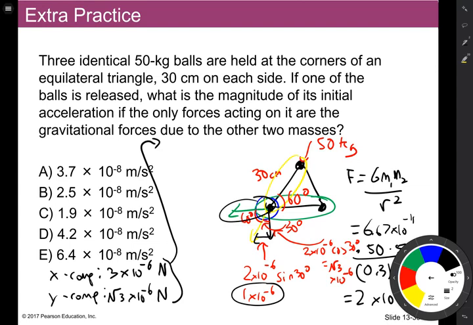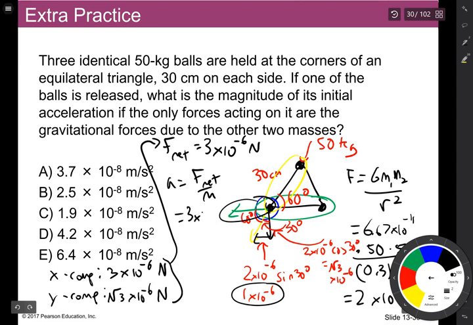And if you do that, we get the net force is 3 times 10 to the negative 6 newtons, I believe. Yep. And so if we want the acceleration, we just do F net over m, which is 3 times 10 to the negative 6th over 50.